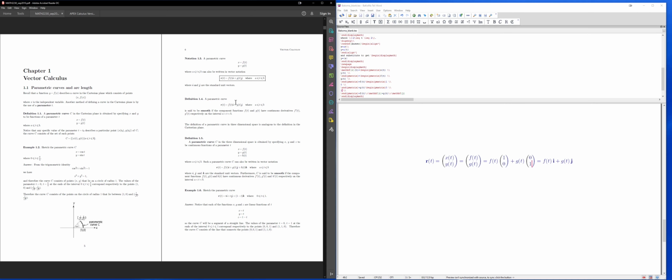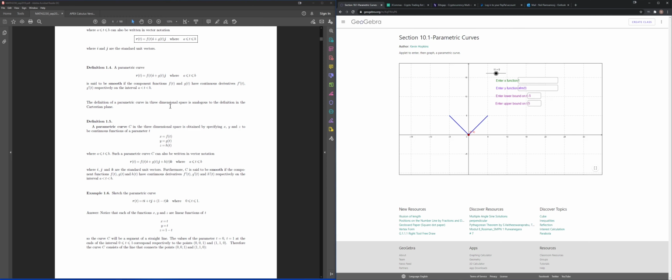Okay, so now we have this aspect of smoothness. For a parametric curve, we have this notion of smoothness here, right?